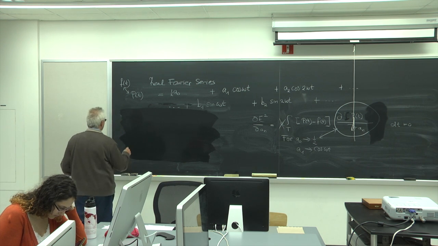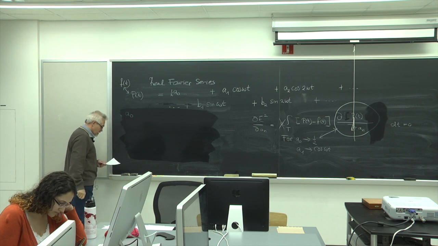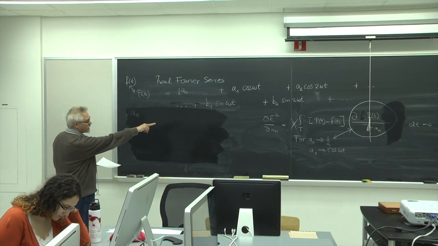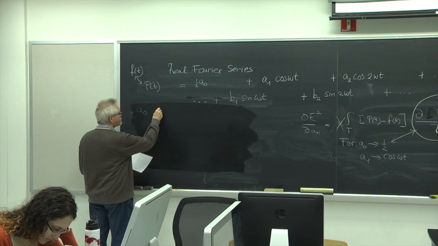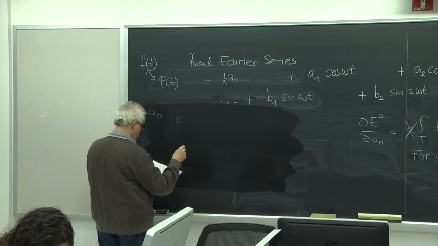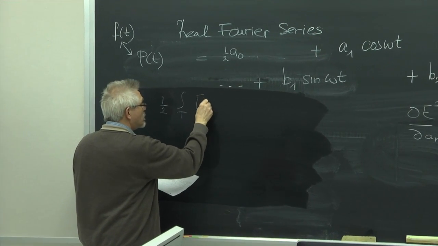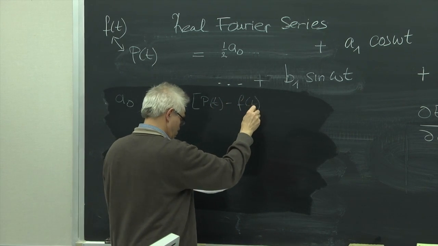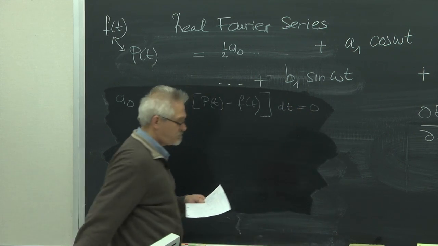Now let's see what would be the outcome of looking into A naught. In that case, that particular expression would become 1/2, which is the outcome for A naught, times the integral of pt minus ft dt is 0.